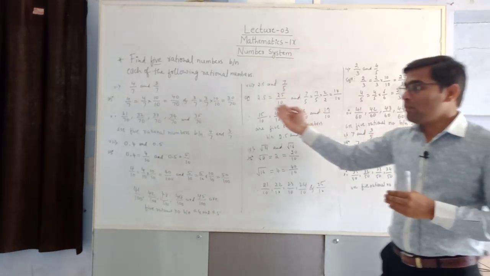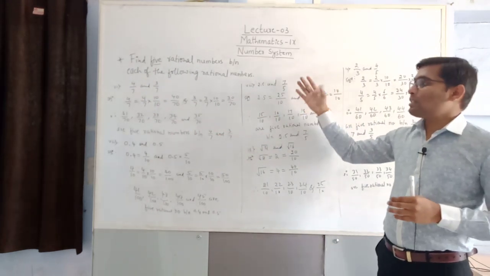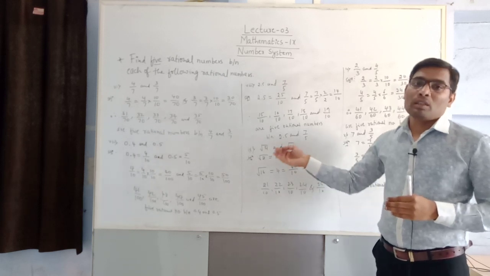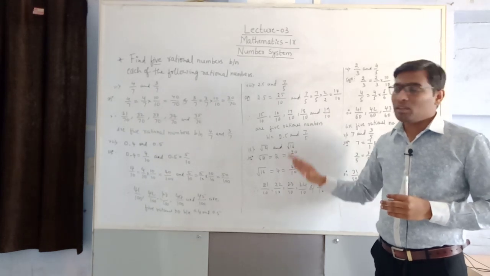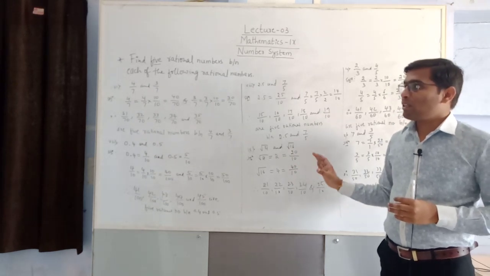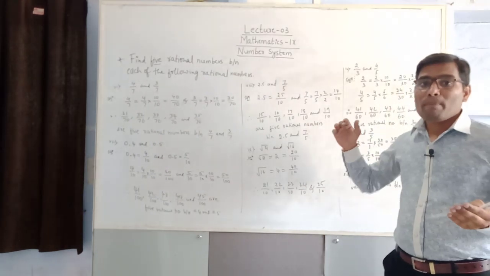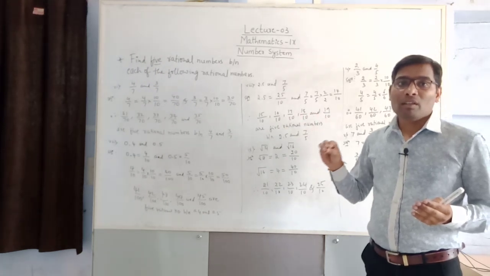Then when both are decimals, and when one is a decimal and another is a fraction. At last, how to find rational numbers when the given numbers are in the form of a root. So this is regarding finding rational numbers between two rational numbers. Now we will discuss how to find irrational numbers between two given rational numbers.